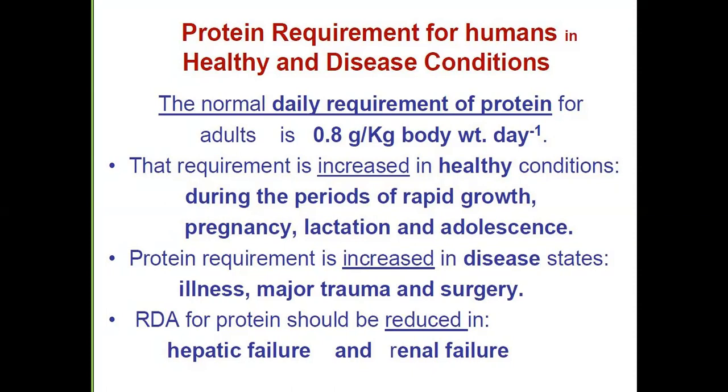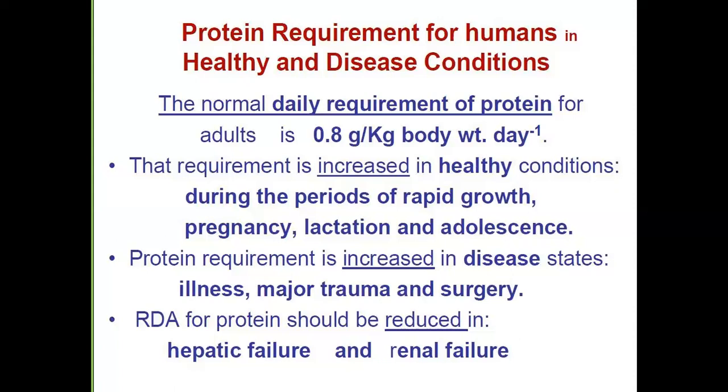So in this context, how do we define recommended dietary allowance? Recommended dietary allowance is the amount of nutrition required to meet the physiological need of an individual. It refers to the amount of nutrient that is required for optimizing health. It is not the amount of nutrient required merely to avoid disease.